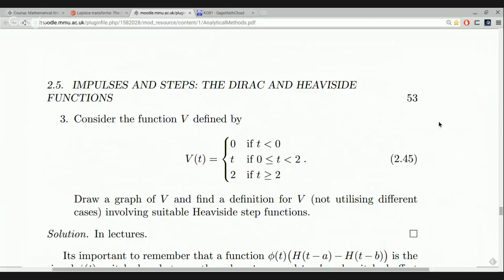Well, it's kind of a bit silly, but 0 for all t. So we really don't need to think of that. V2 of t is equal to t for 1 less than or equal to t less than 2, and 0 otherwise. And then V3 of t is equal to 2 for t greater than or equal to 2 and 0 otherwise.